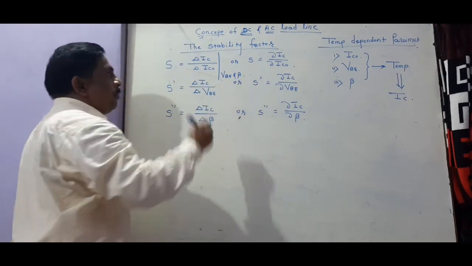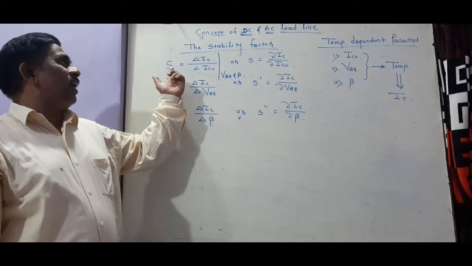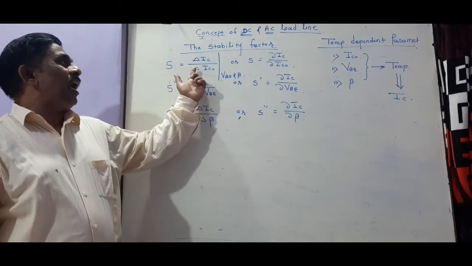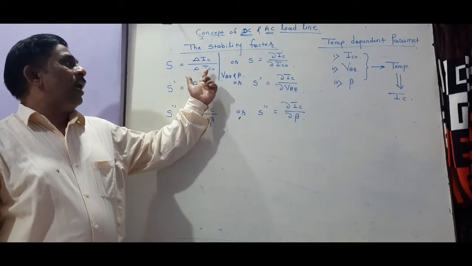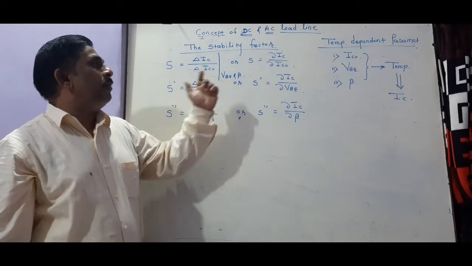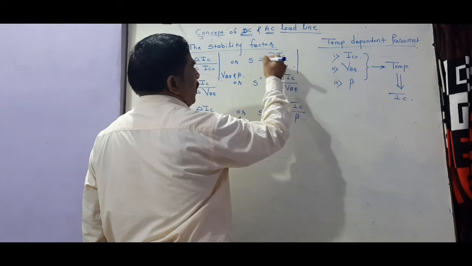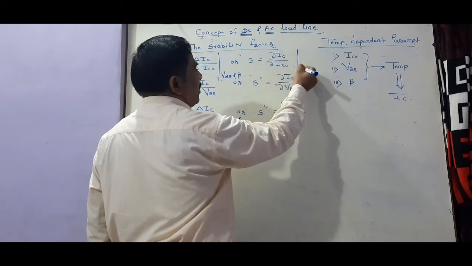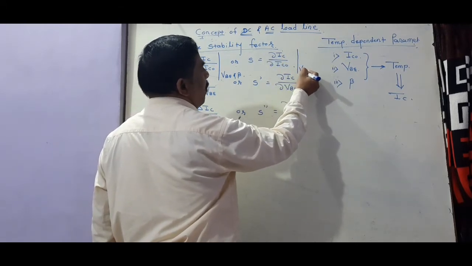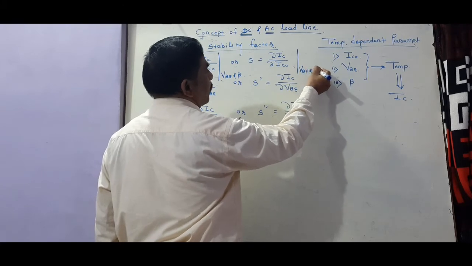Therefore the perfect definition of stability factor S is equal to delta IC upon delta IC0 at constant value of VBE and beta.